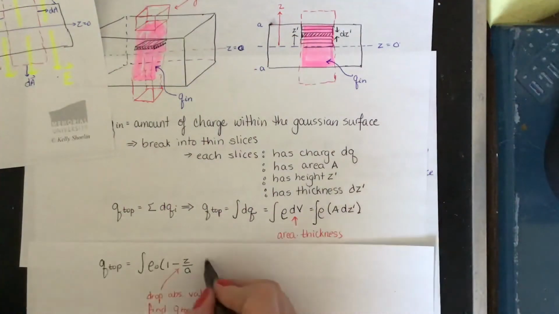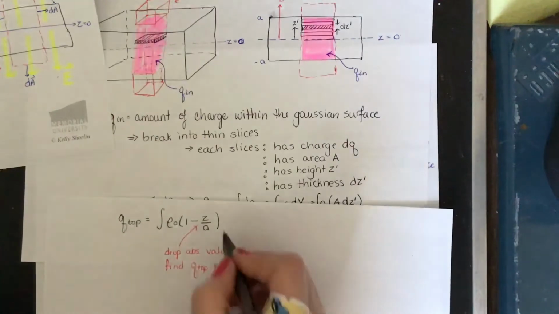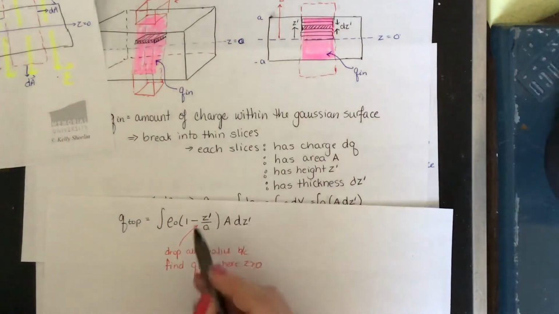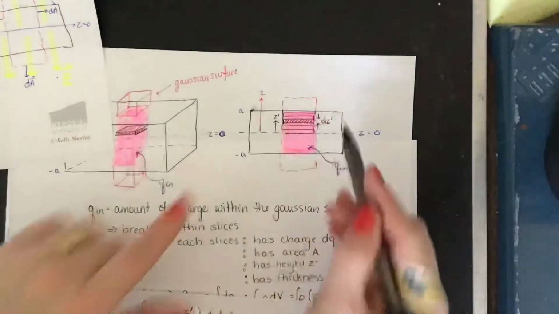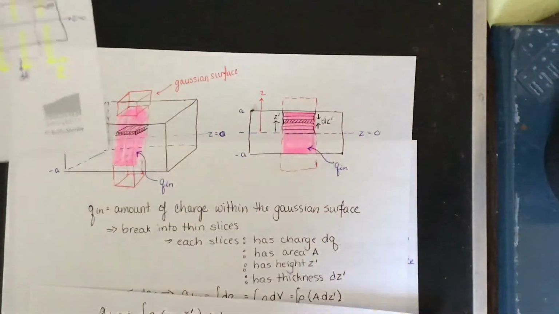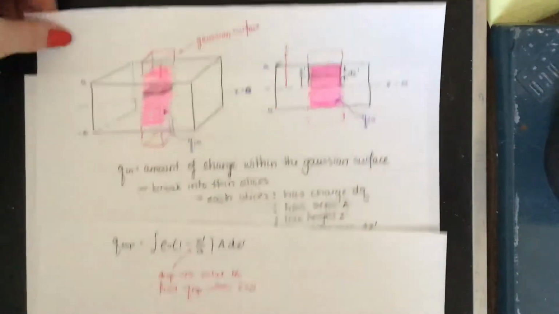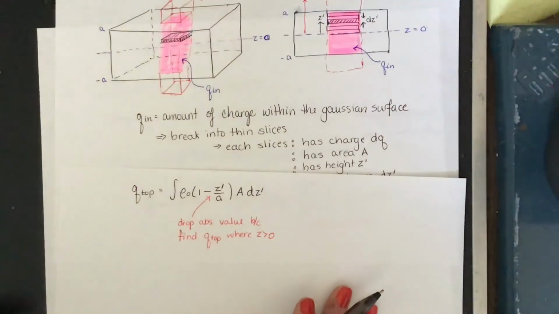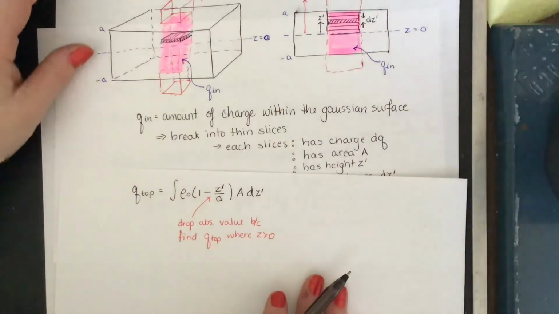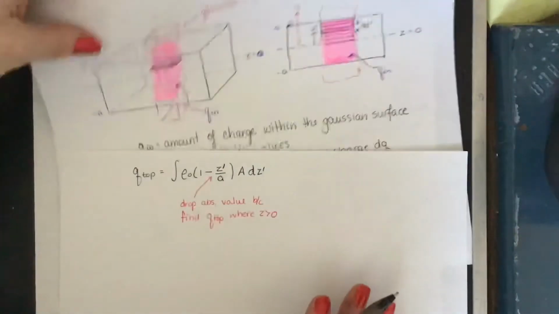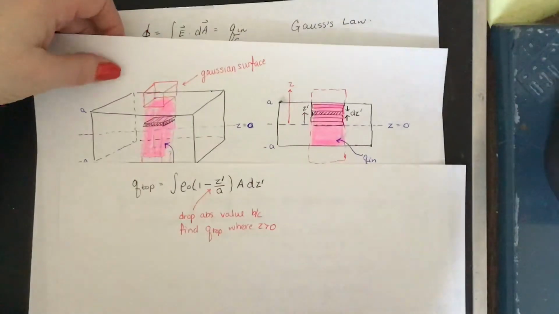Now we'll put in our thickness, A times dz primed. Our z means the z coordinate of our little slice, so that's z primed. Now the last part we'll need is the limits of the integral. Here you have to be really careful. We're trying to find the net charge on the top part of the slab within the Gaussian surface.